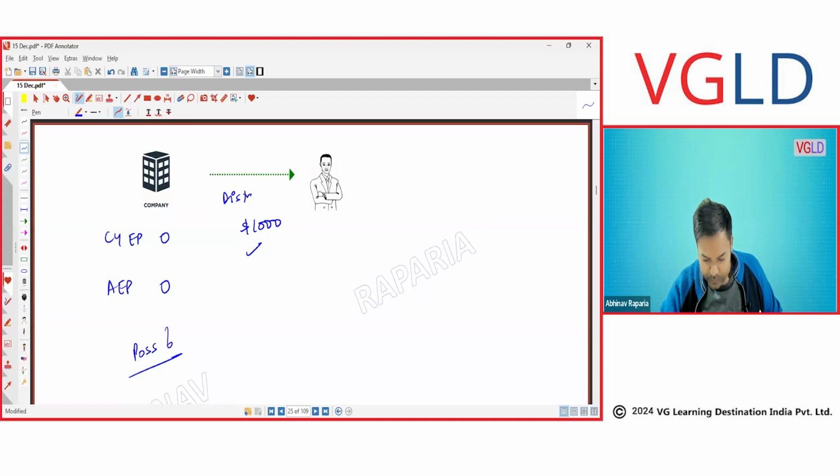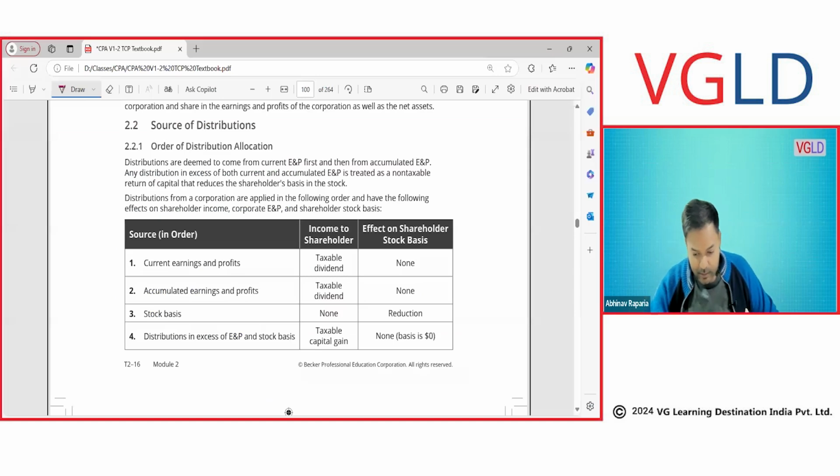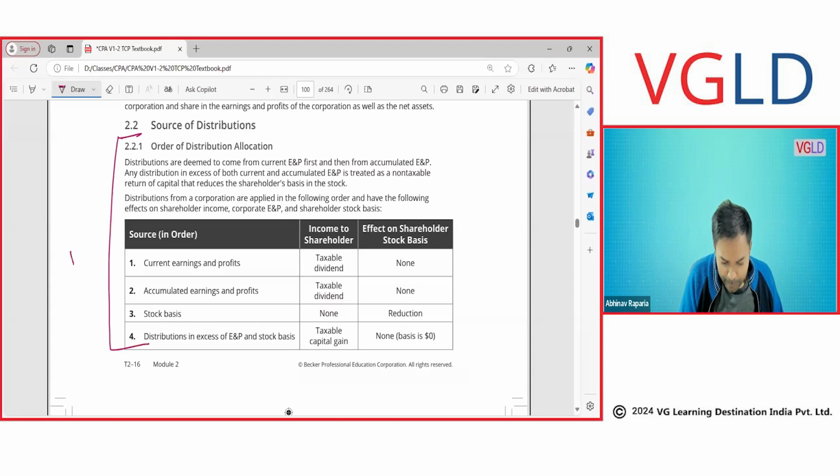This is all you have done already, guys. To read this, I don't think there's any problem. Read this. I am on page number 16, second module only.